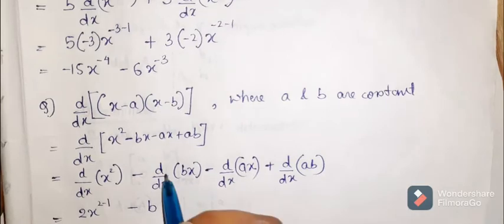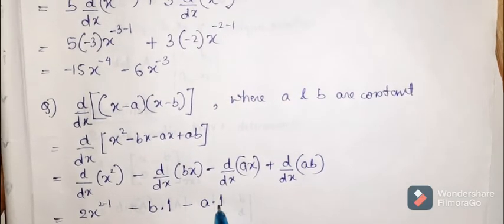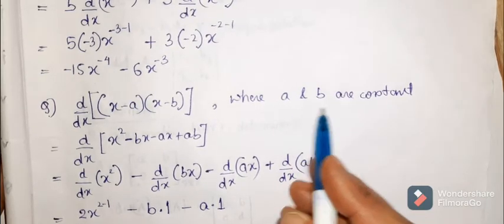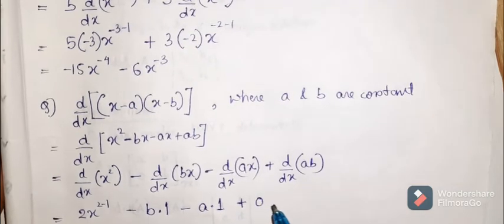Minus b, constant, times d/dx of x, which is 1, minus a times d/dx of x, which is 1. And a times b is a constant, so the differentiation of a constant is 0.